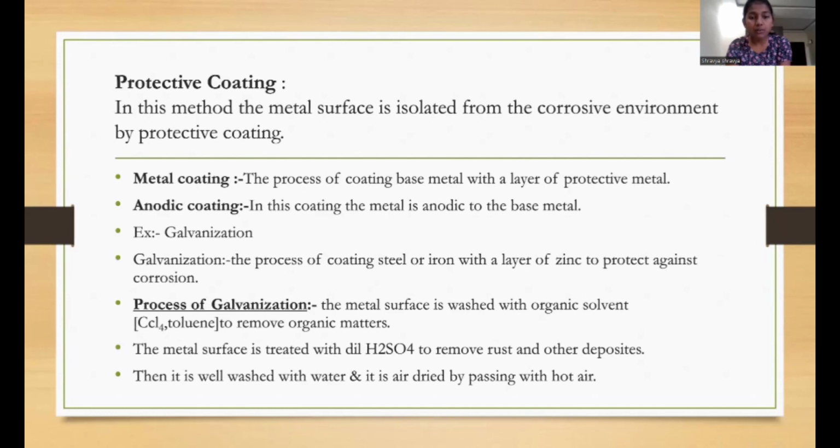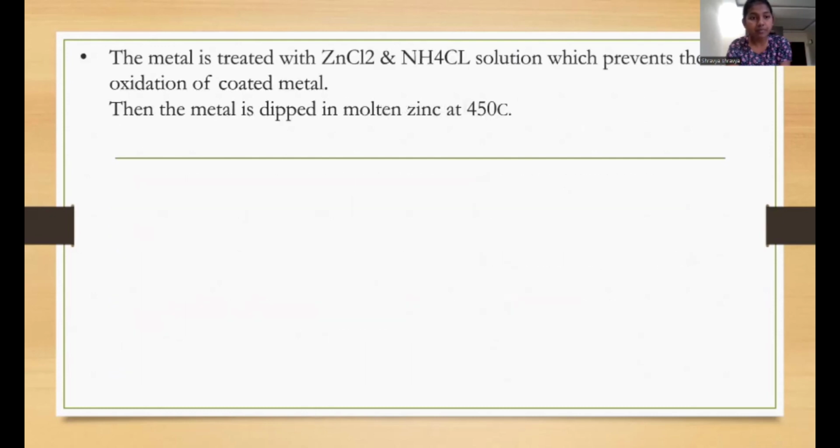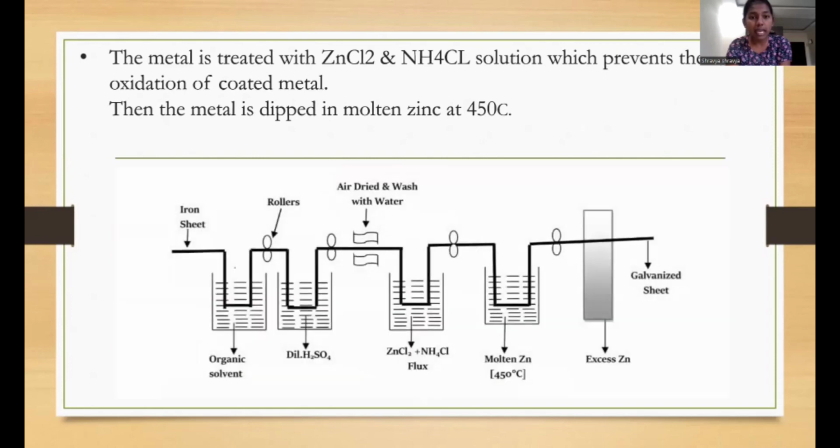Galvanization means the process of coating steel or iron with a layer of zinc to protect against corrosion. The metal is treated with ZnCl2 and NH4Cl solution, which prevents oxidation of the metal. Then the metal is dipped in molten zinc at 450 degrees Celsius. Here we have the diagram of that.